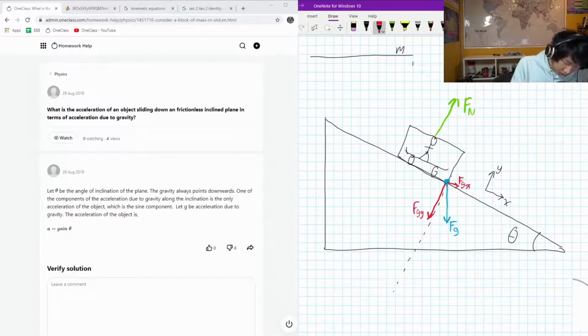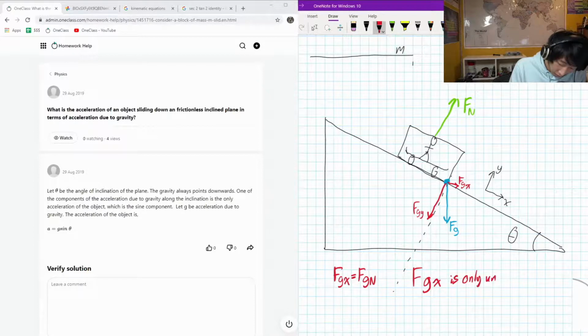We know that Fgy has to be equal to Fn. Fgx is the only unbalanced force. And we know that this angle here is going to be the same as the angle of the slope.